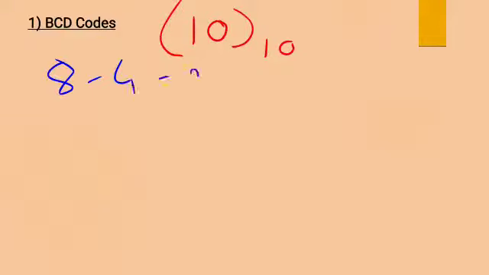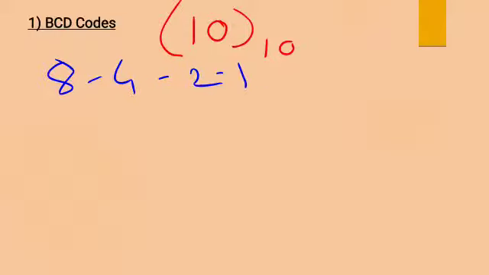Now if we want to write the binary number and BCD number for the decimal number 10, we can write it. First we will write the binary format of this 10 using the 8421 formula.